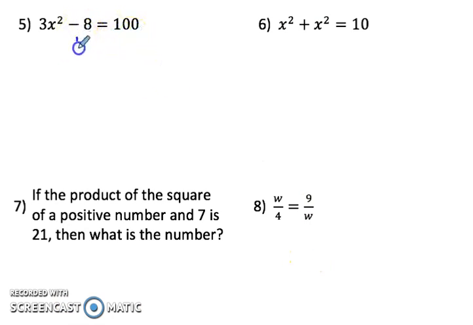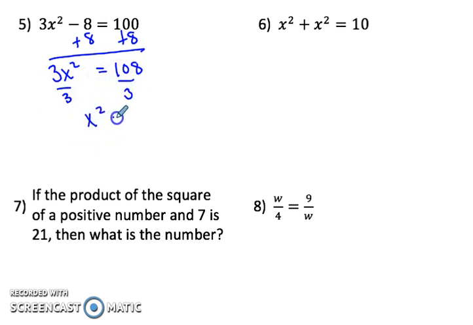All right, this first one, we're going to add 8 on both. And so I get 3x squared is equal to 108. We divide both sides by 3, and we get x squared is equal to 36. And take the square root, and you get that x is 6 and negative 6. On this one, you want to combine your x squareds.